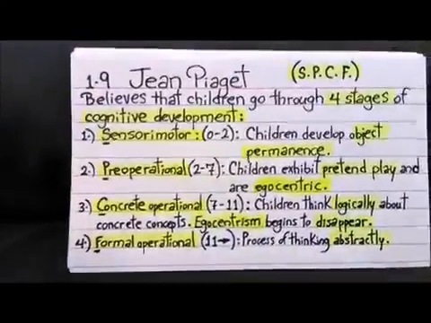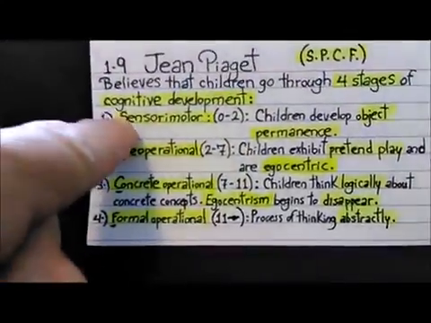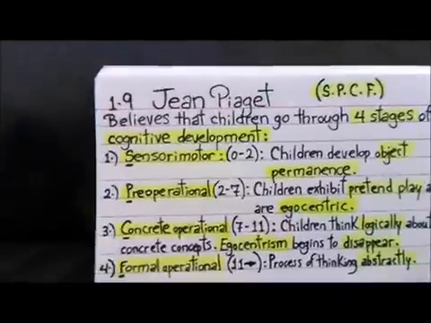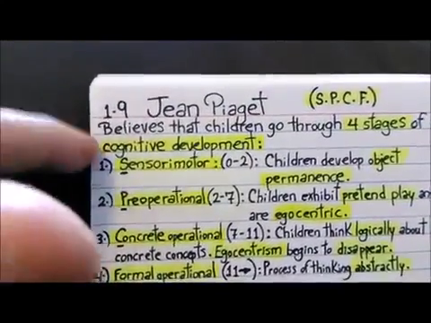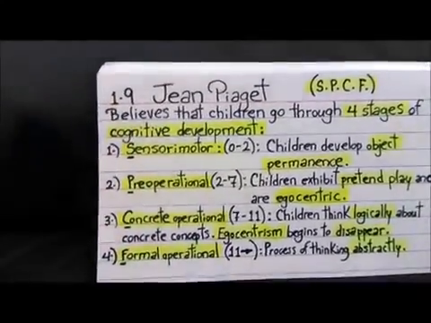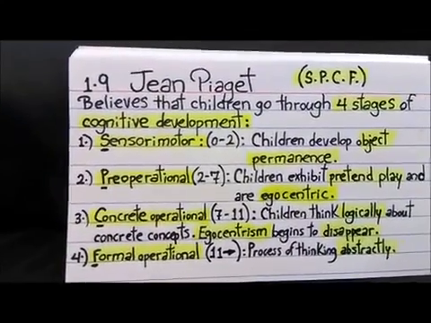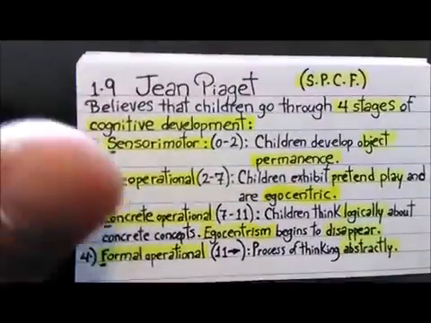And 1.9 real quick. Jean Piaget, SPCF. What is that? Sensory motor, pre-operational, concrete operational, formal operational. Jean Piaget believes that children go through 4 stages of cognitive development. SPCF, 1, 2, 3, 4. First one is sensory motor, from 0 to 2 years old, children develop object permanence.